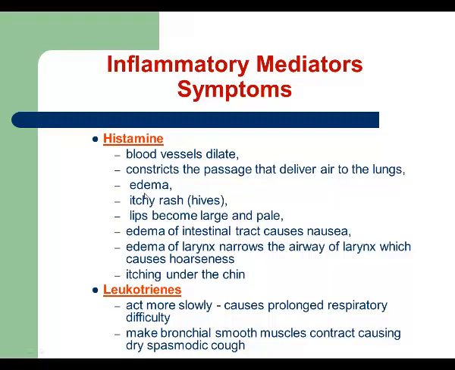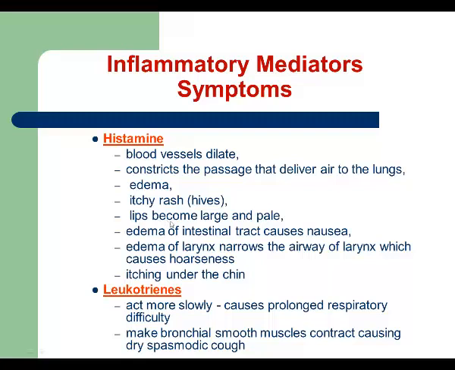Because histamine increases permeability of the blood vessels, they start leaking and the person develops edema. Increased permeability of the capillaries in the skin or mucous membranes results in a rash, itchy rash or hives.